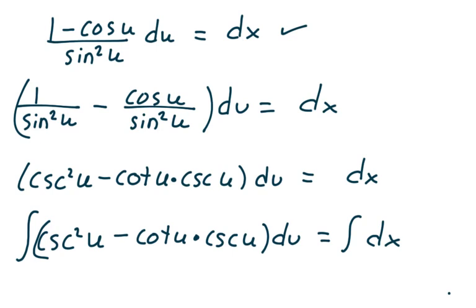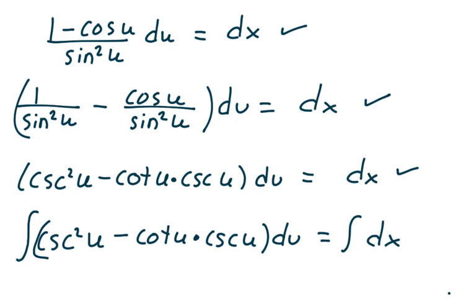And I'm going to split up the fraction. And so 1 over sine squared u minus cosine of u over sine squared u, that quantity du is equal to dx, which says cosecant squared u minus cotangent u cosecant u du is equal to dx.